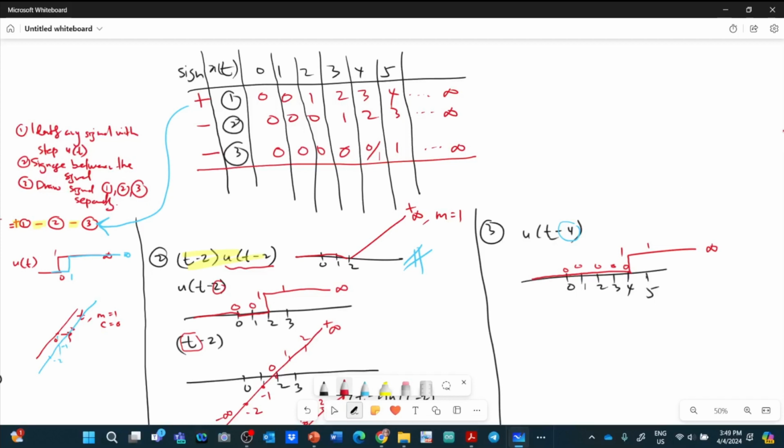Now, what you do is just add and subtract the amplitudes. At t equal to 0, 0 minus 0 minus 0 is 0.